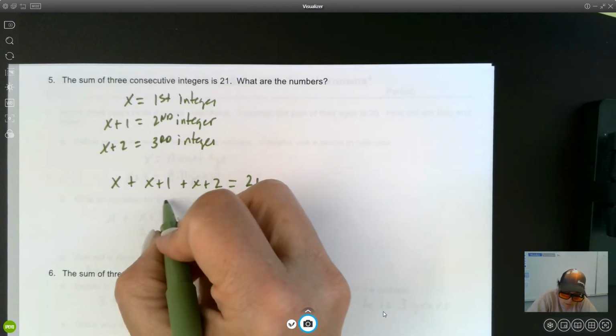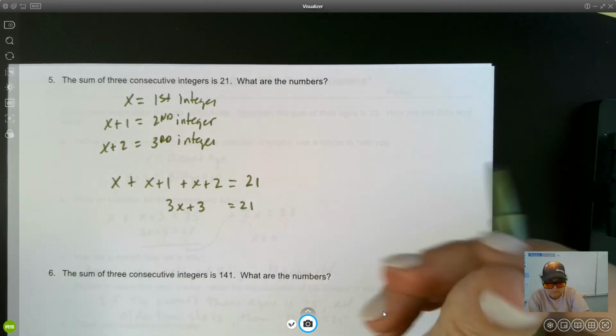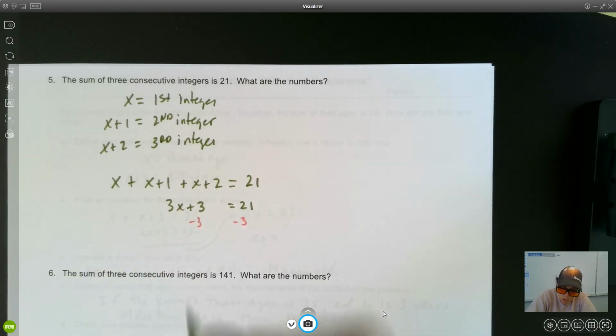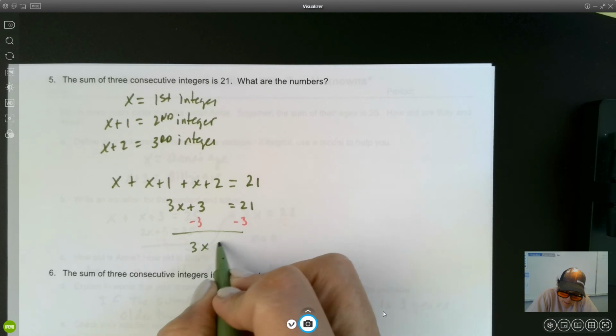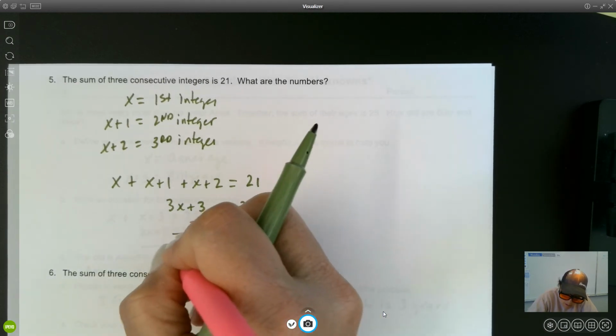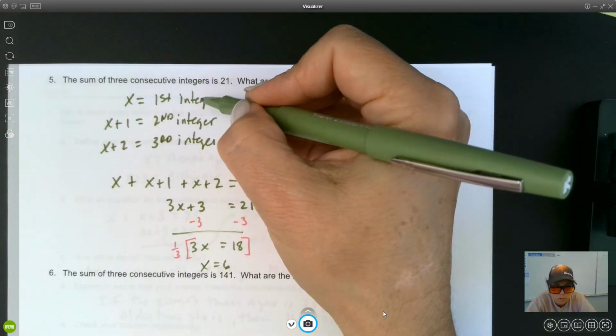So that's going to be 3x plus 3 equals 21. Subtract 3. 3x equals 18. Take a third. X equals 6. Okay, well, x is our first one.